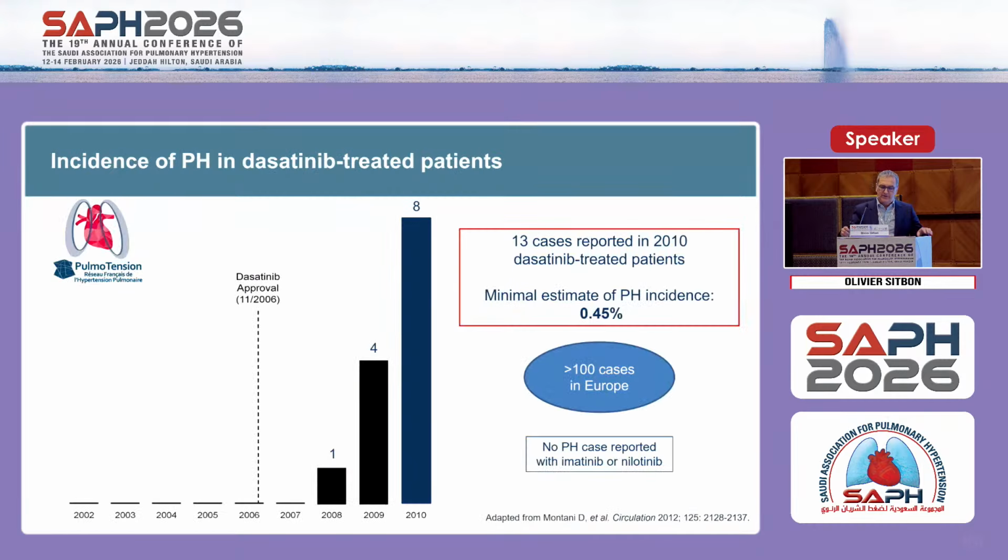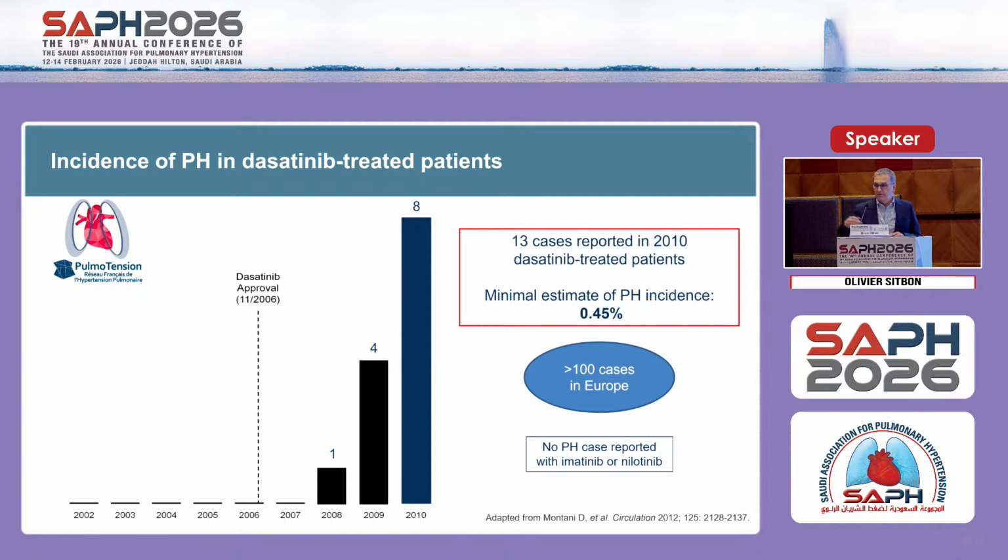Let's start the story of dasatinib. Dasatinib was approved to treat chronic myelogenous leukemia in November 2006. And as early as 2008, 2 years after patients started receiving the drug, we observed the first case of pulmonary arterial hypertension. Then the year after, 4 cases, and the year after, 8 cases.